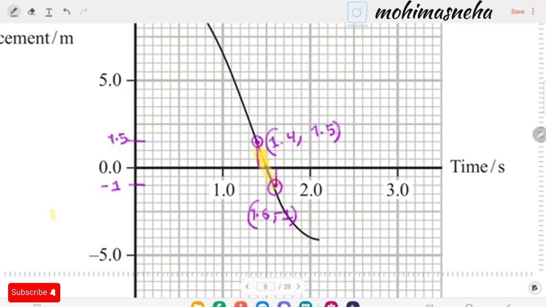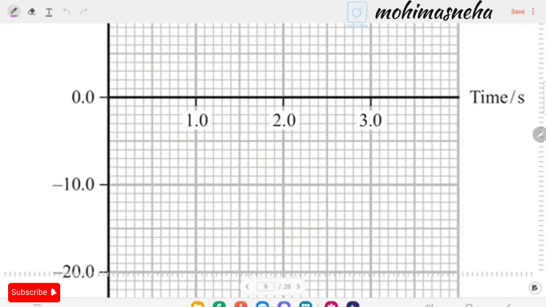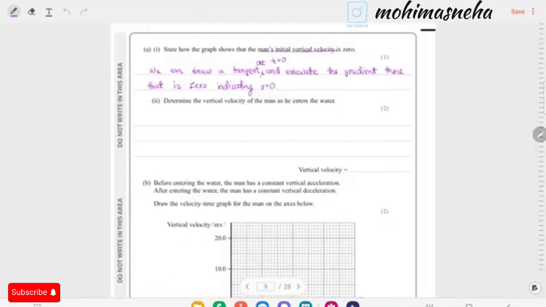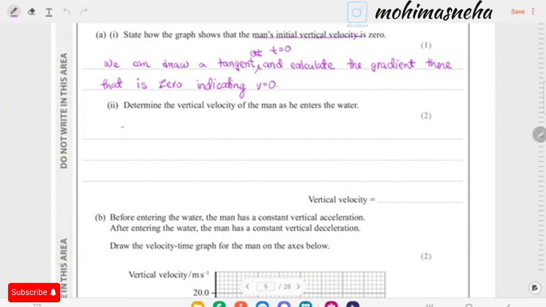Sorry for my cat. So we can find out the gradient. I'll do the gradient calculation over here. I already took the coordinates from that graph. So we have 1.4, 1.5, and 1.6 with -1. To find out the velocity, that will be -1 minus 1.5 over 1.6 minus 1.4.